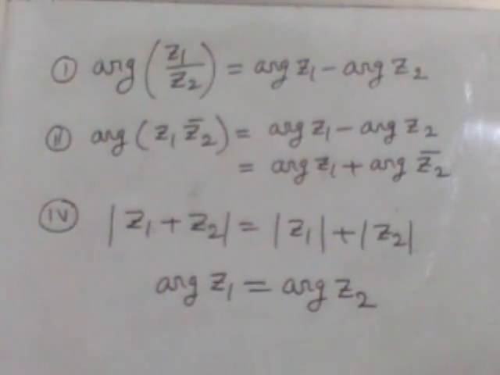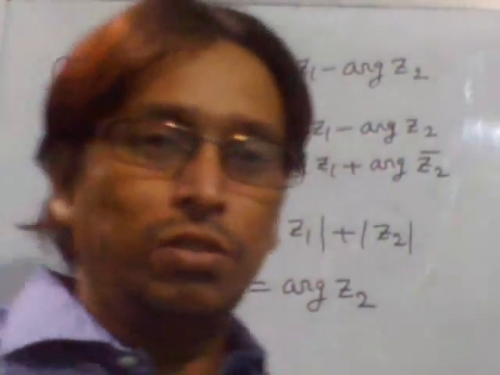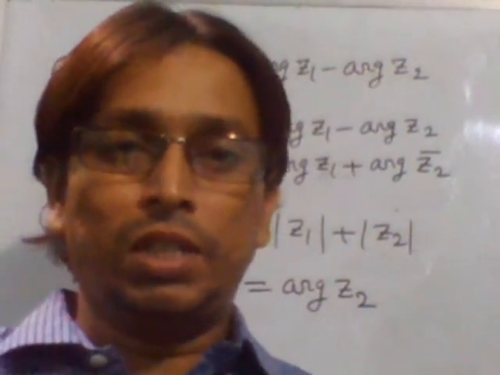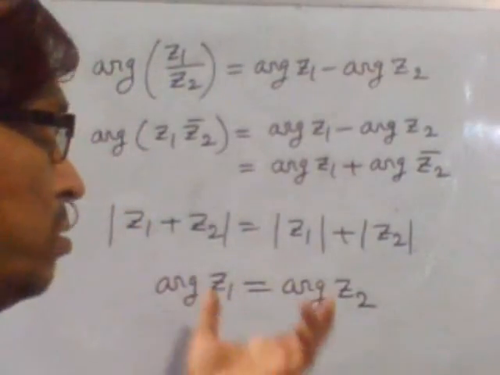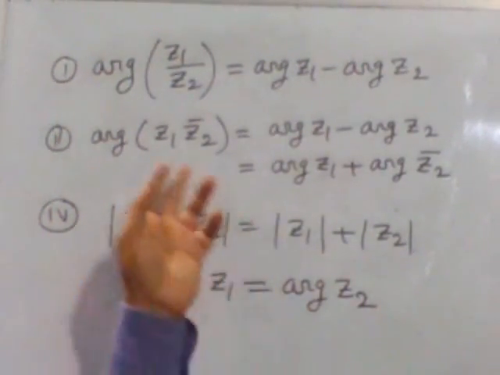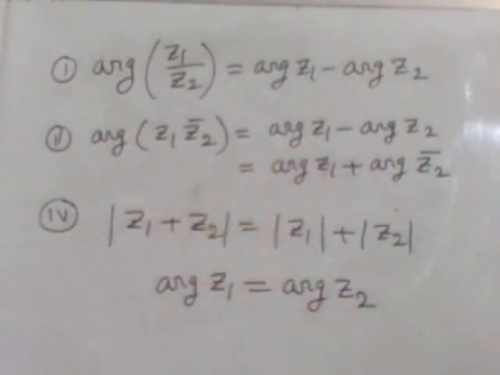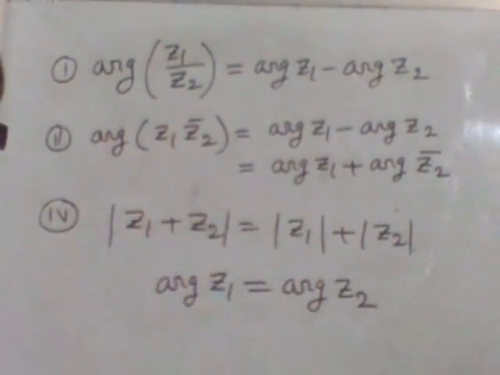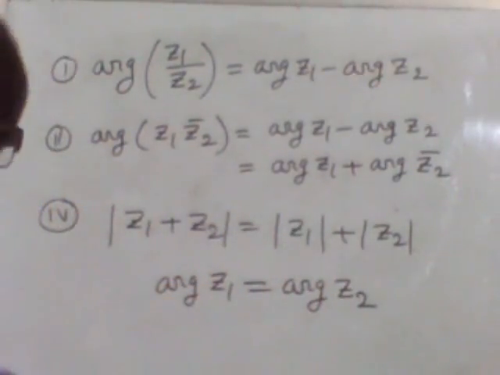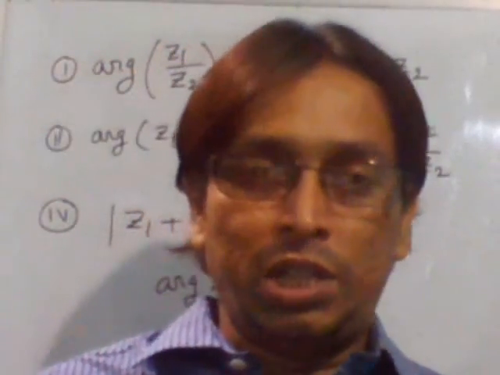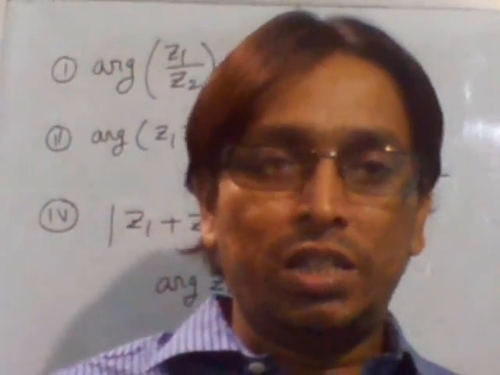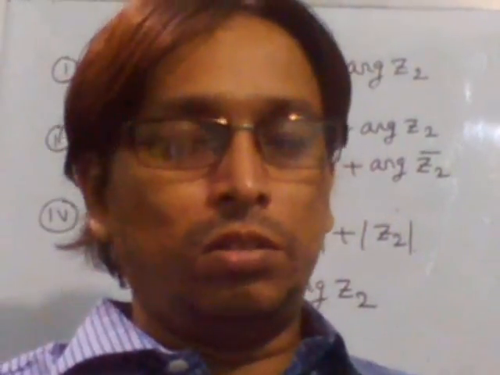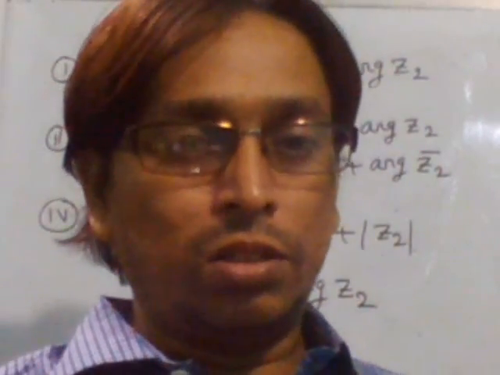After this class I have to take a class on vectors. In that vector portion you can understand how these last conclusions come, and this can be understood by applying the formula of tan inverse y by x. These are easy, but for the last two things you require the vector concept. So in my next class I will discuss vectors, the angle between two vectors in the complex plane.